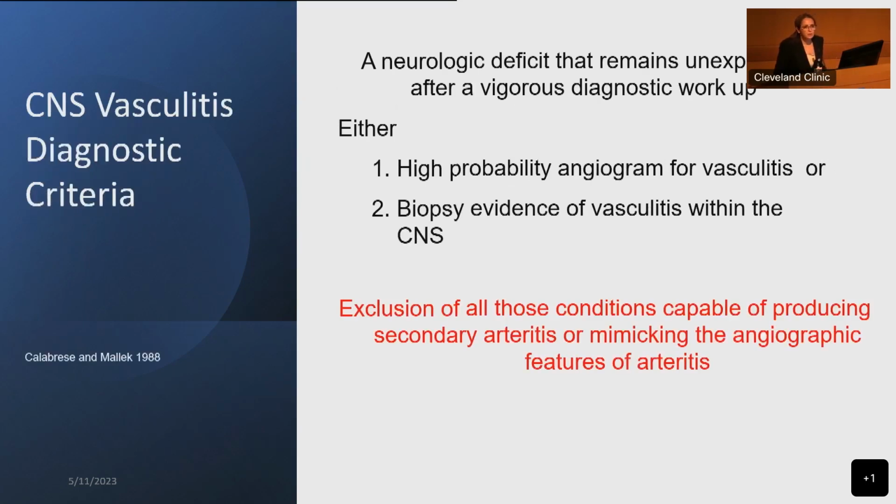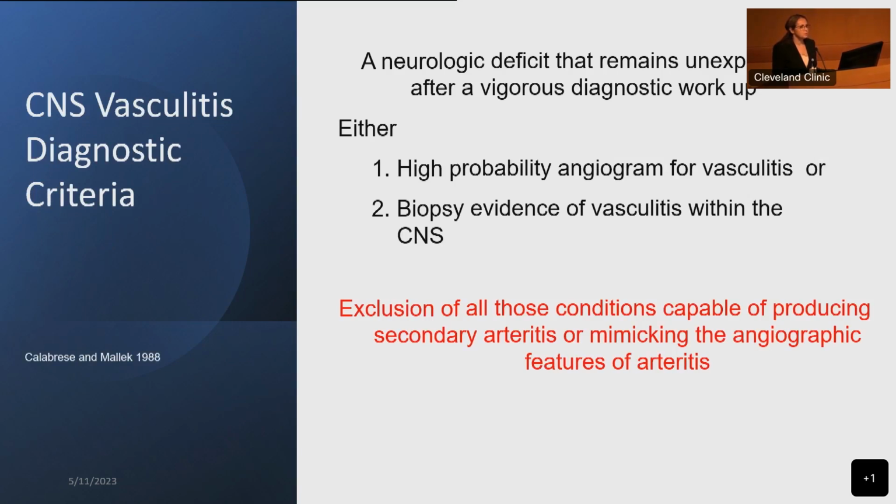And one of the many contributions that Len Calabrese has made in this domain is proposing the diagnostic criteria. And what Len taught us is that to really make a diagnosis of CNS vasculitis, you have to prove that there is some inflammatory process in the vessel, whether directly by biopsy of the brain or indirectly by abnormal cerebral vascular imaging.